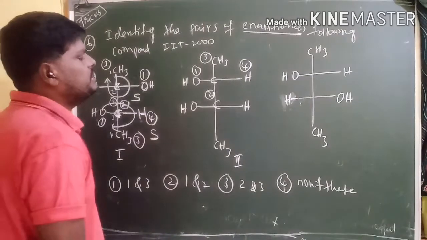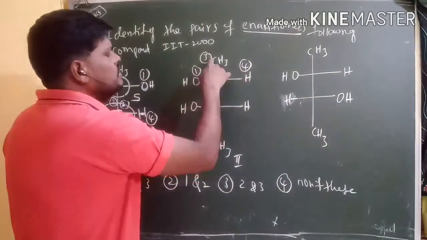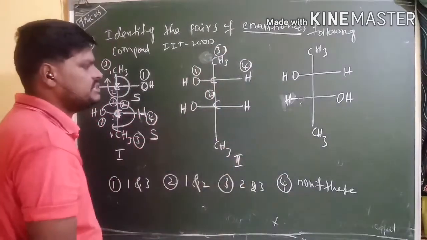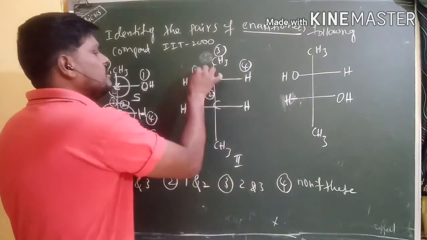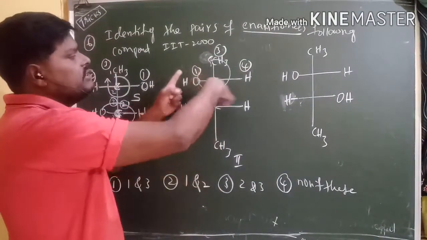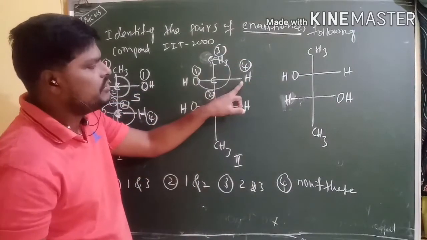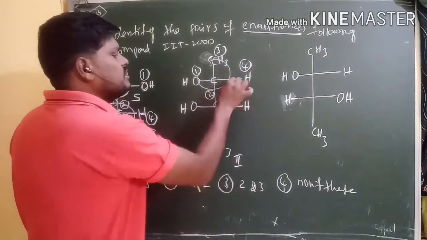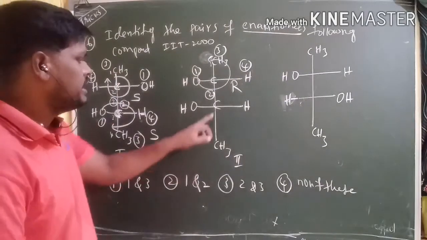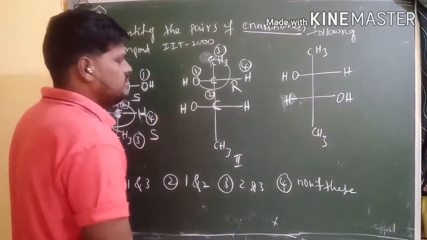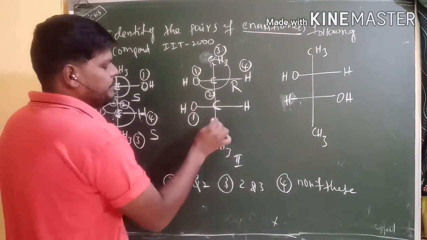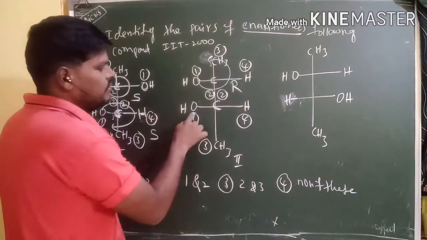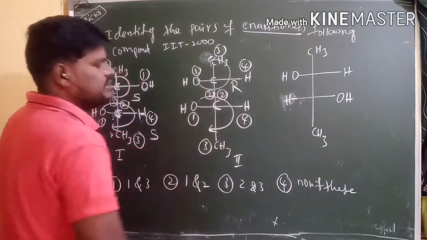What is the expected configuration? 1 to 2 and 2 to 3 only. 4 is always kept constant, sir, while you assign R and S configuration. Is it anti-clockwise or clockwise? It is anti-clockwise. But the least priority, hydrogen, is on the horizontal line, so take the opposite configuration: R configuration here. Coming to the next chiral center: first, second, third priority and least priority. The direction 1 to 2 and 2 to 3 is clockwise.